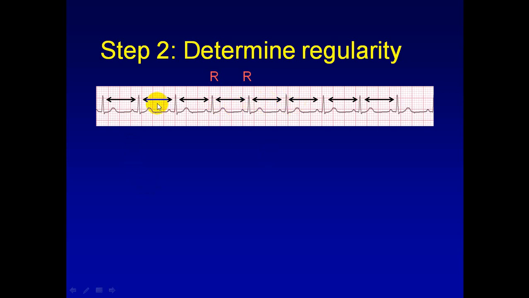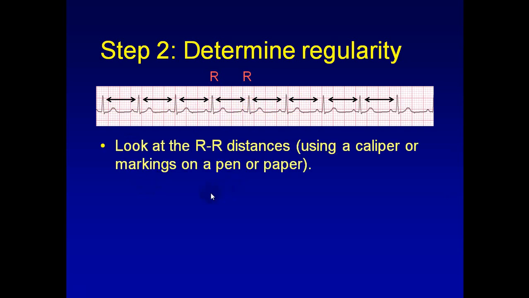If the distance varies from one to the next, it is irregular. So this is regular, equidistant. If we count the number of big squares, 1, 2, 3 plus 2 small squares, again 1, 2, 3 plus 2 small squares, so it is regular.